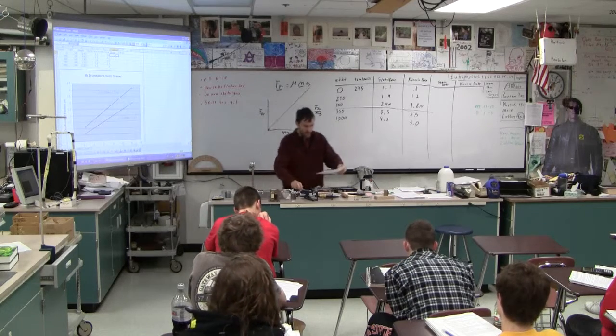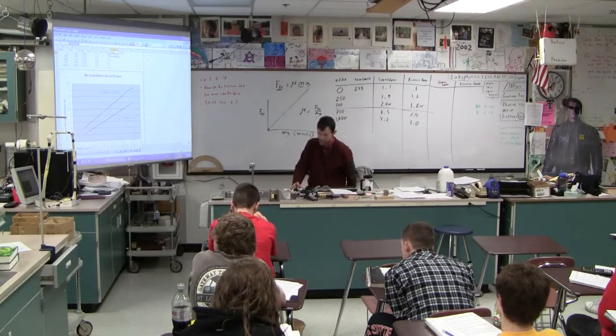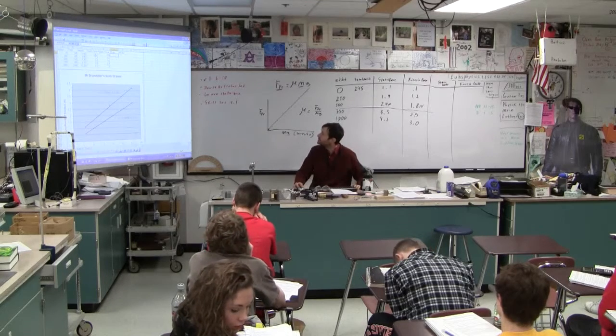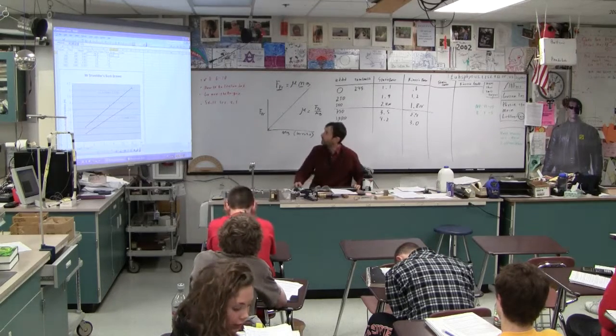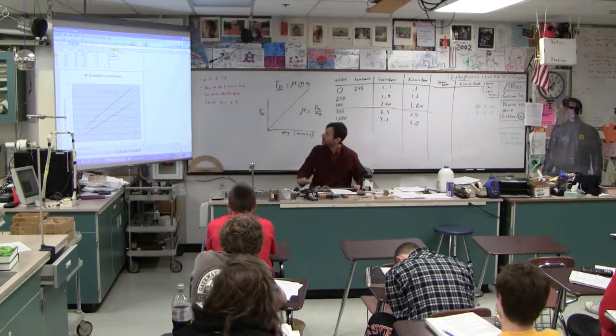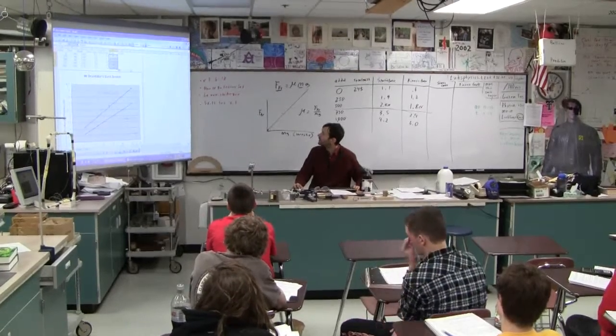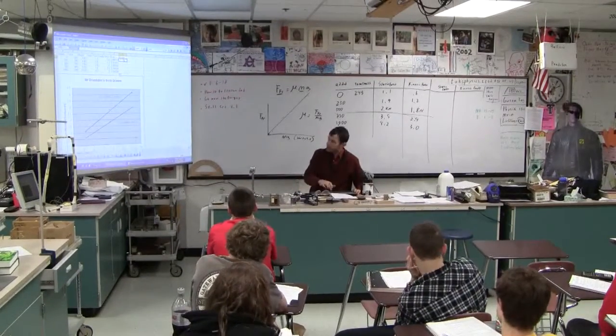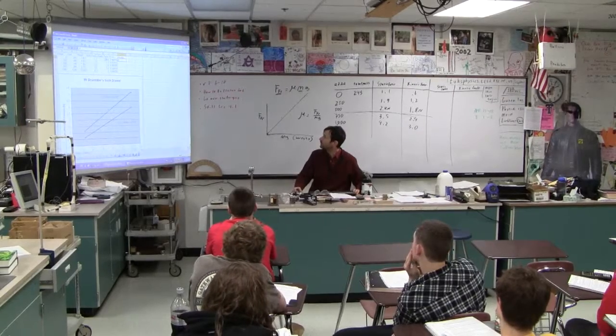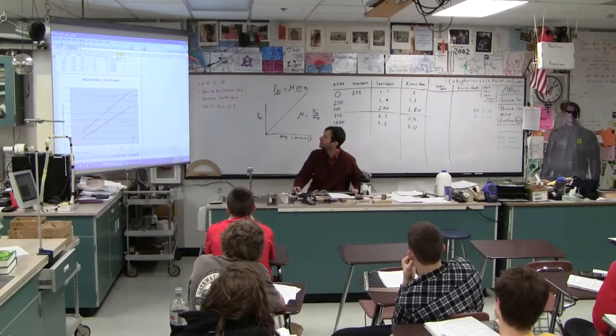So all we have to do is divide the force of friction by the weight. So the static mu equals the static force divided by the weight. And we can fill that down. There we go. Okay? And the kinetic mu equals the kinetic force divided by the weight.